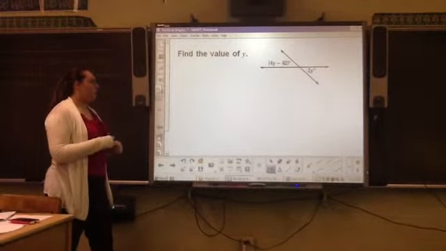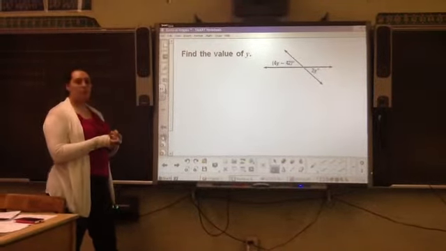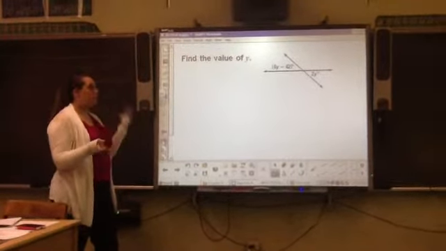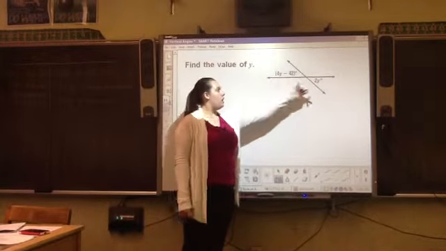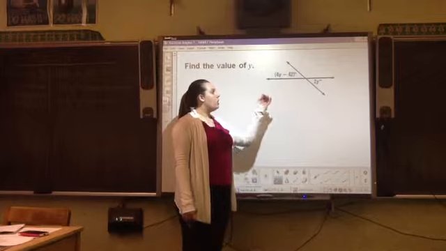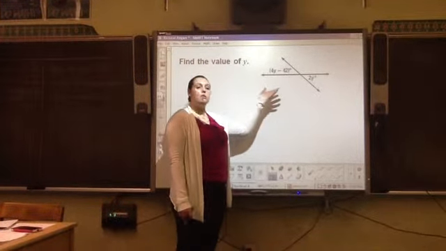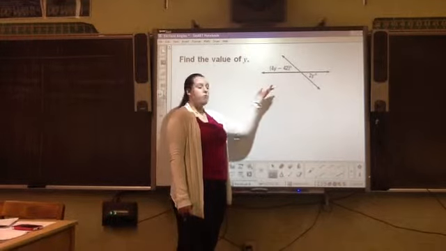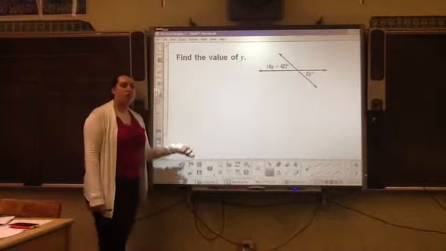Okay. Here's a little recap about algebra using variables. Here we're going to find the value of y. So here's our picture. We are given two angles, 4y minus 42 and 2y. What do you notice about these two angles? They are opposite each other. So therefore, they must be what? Vertical angles.